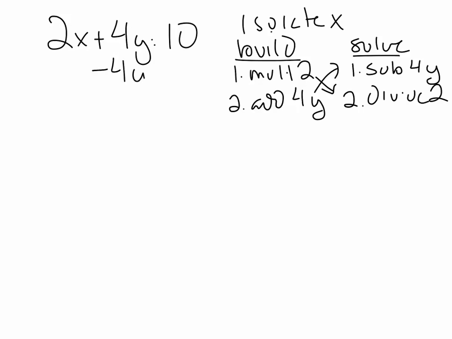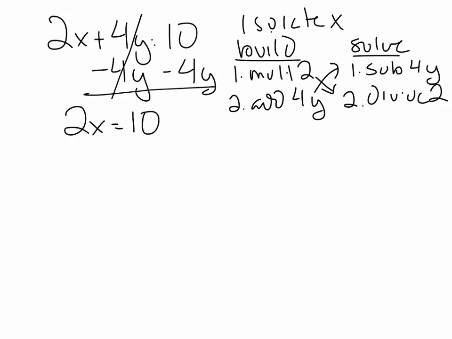Let's subtract 4y from both sides. The 4y's on the left cancel out, and I'm left with 2x equals 10. But now the 10 and the 4y aren't like terms, so I can't subtract them. I'm just going to write it 10 minus 4y.